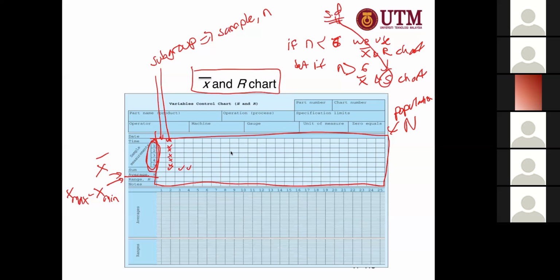But sometimes in industries, maybe they don't want to waste their time to calculate the standard deviation. They just use R chart, also okay. Why? Because this S and R represent the same meaning, because both will tell you the distribution or dispersion. Doesn't matter if it is R chart or S chart, as long as it shows you the dispersion, it's okay.